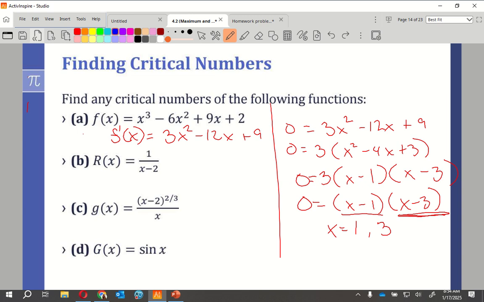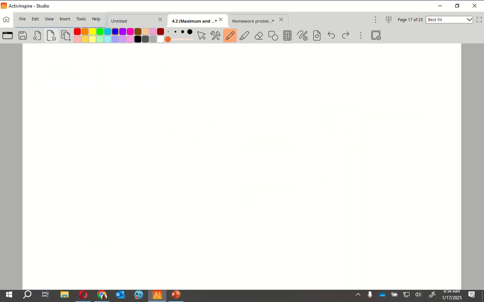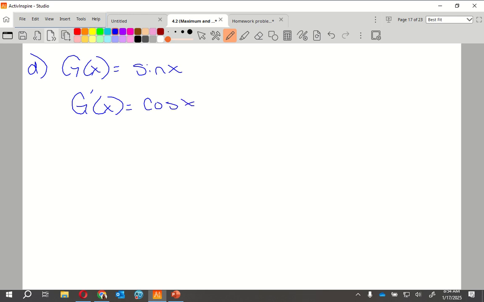So capital G of X is equal to sine X. Alright, go ahead, take the derivative. The derivative of sine is cosine of X, and this whole unit 4.2 is about doing what?